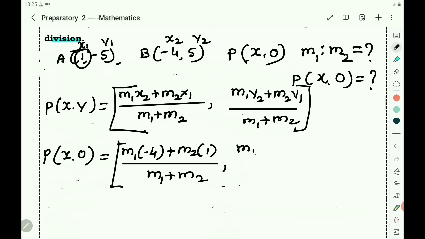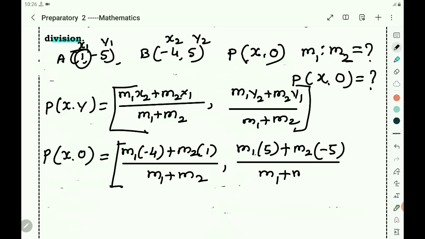Then m1 y2 is m1 into 5 plus m2 into y1, m2 into minus 5, by m1 plus m2.